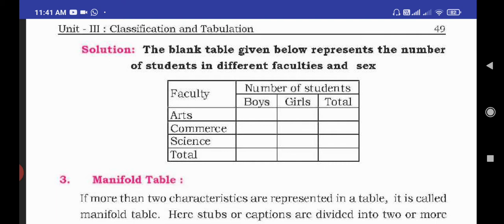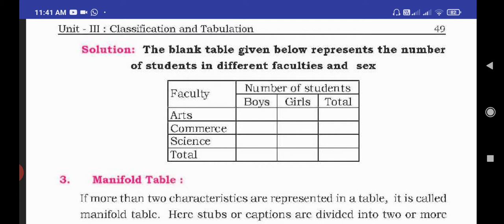The number of students is again classified into two types: boys and girls. When we record the data in the form of two characteristics or two qualities, that data is considered two-way table data.